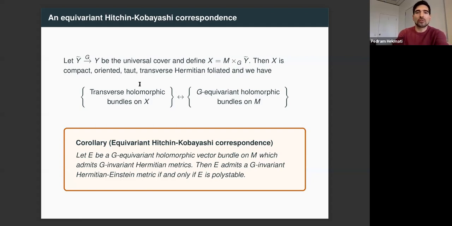And the notion of transverse holomorphic bundle on X is the same as G-equivariant holomorphic bundles on M. So now applying the transverse Hitchin-Kobayashi correspondence to our X here, this gives you the following equivariant version of the Hitchin-Kobayashi correspondence for finitely presented groups, namely a G-equivariant holomorphic bundle admitting G-invariant Hermitian metrics admits a G-invariant Hermitian-Einstein metric if and only if it's polystable.